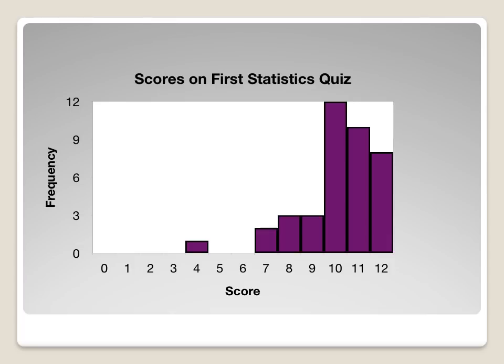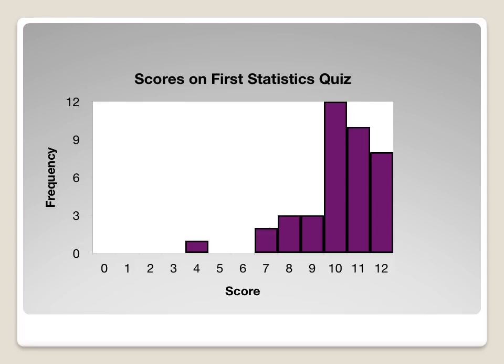So in this distribution of scores on the first statistics exam, you're going to look at your different scores on the x-axis and determine which score has the highest frequency. In this case, 10 is the mode for this distribution. 10 is the score that occurred most frequently.